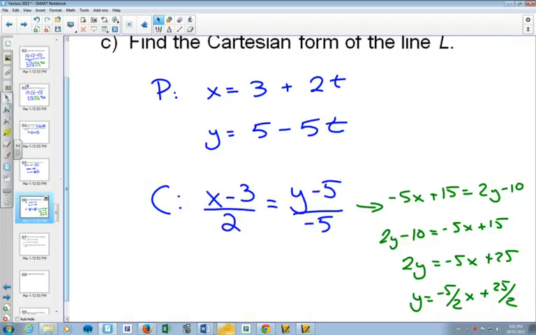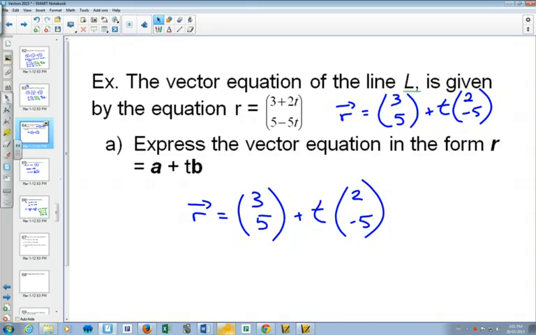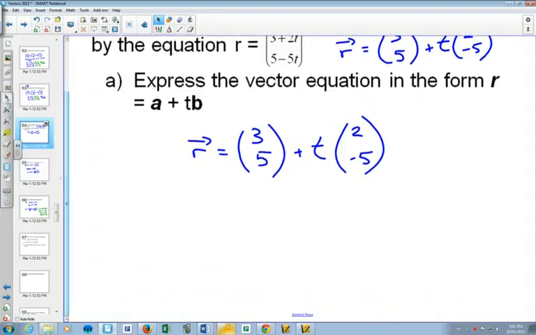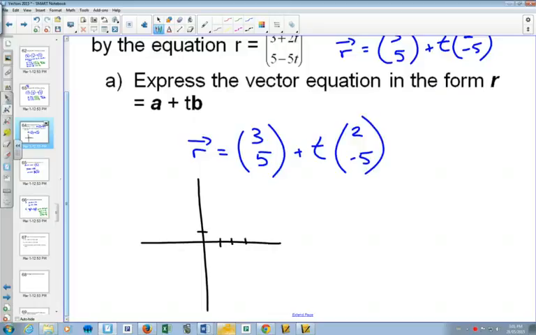But the nice thing about a vector equation of a line is you're not restricted to a certain point that you have to start with. You're not restricted to a y-intercept. Basically, what it's telling you, if you were going to graph this, is I have the point (3, 5), because that's my starting vector.